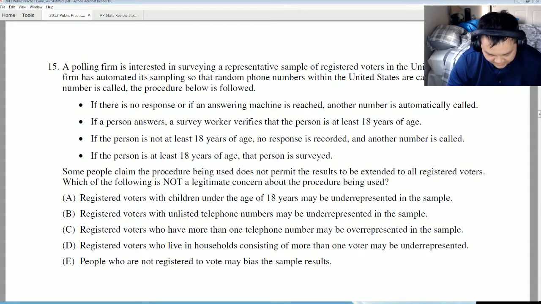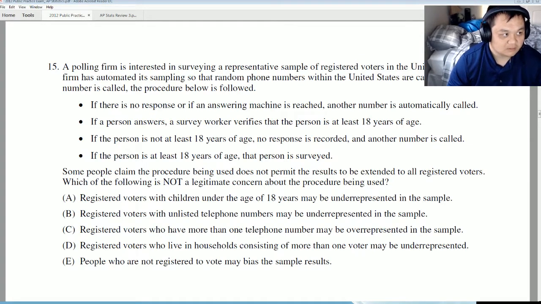Do you understand the scenario? Yeah. Okay. Now, do you understand what that part of the question means, not a legitimate concern about the procedure being used? Do you know what that means?